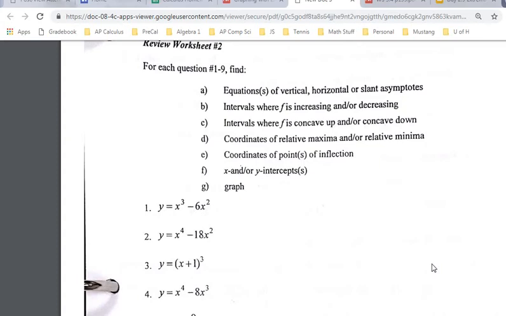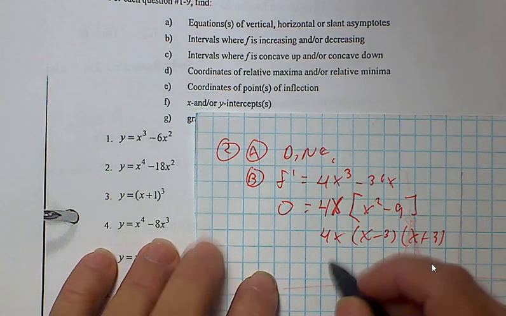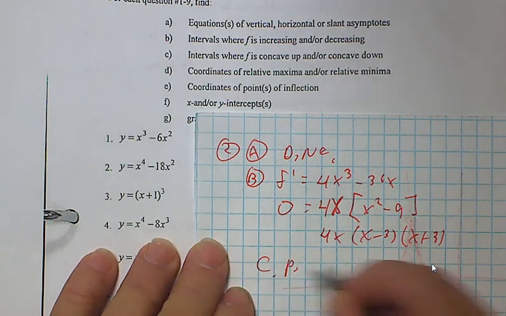Okay. And this is a difference of squares, so 4x times (x minus 3) times (x plus 3). My critical points are -3, 0, and 3. Critical points, x equals -3, 0, and 3.